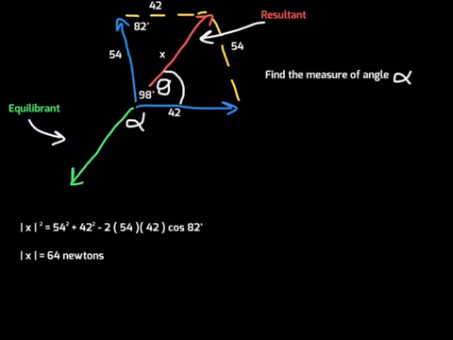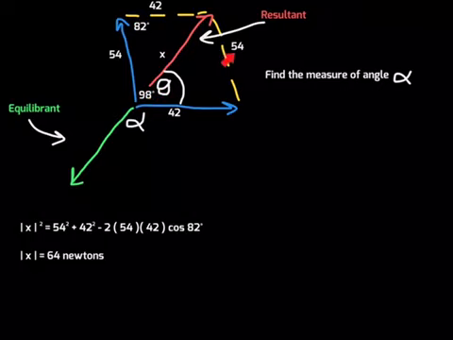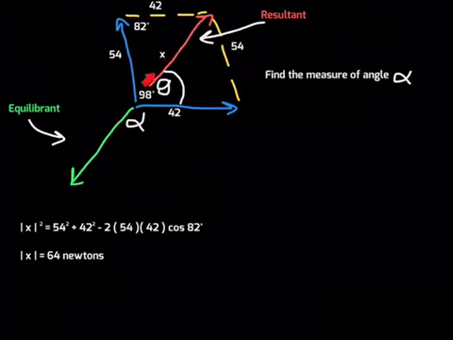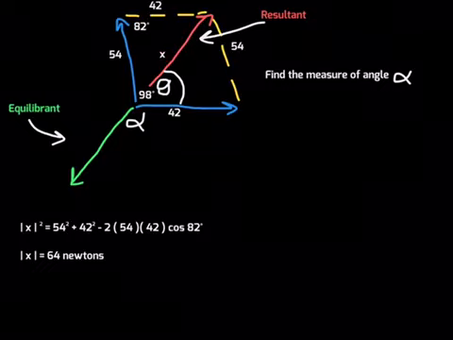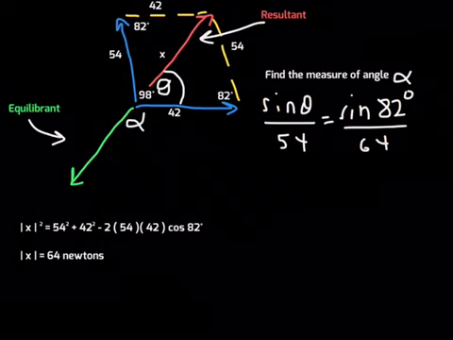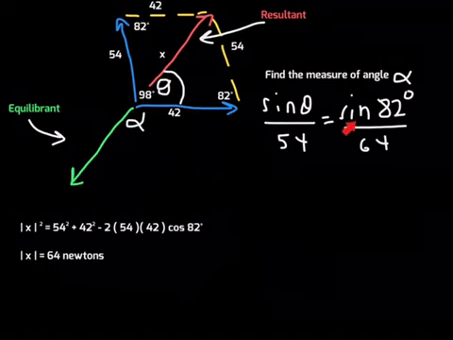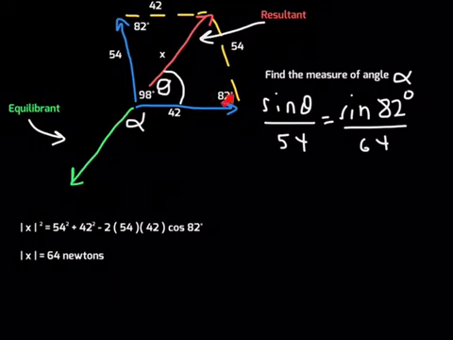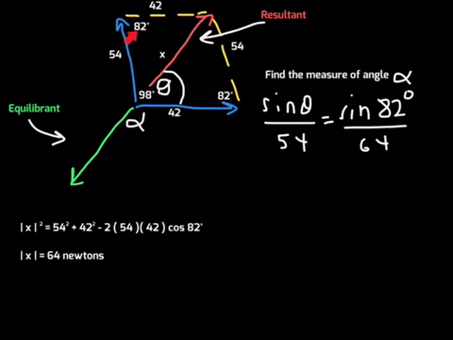So sine of theta over 54 must be the same as sine of 82 degrees over x. You see that? We found x to be 64 newtons. So let's set that up. Here I have it. Sine of theta is to 54 what sine of 82 degrees is to 64. We know this is 82 degrees because it's opposite 82 degrees, and we also know that this length is 64. We just found it using the law of cosines.